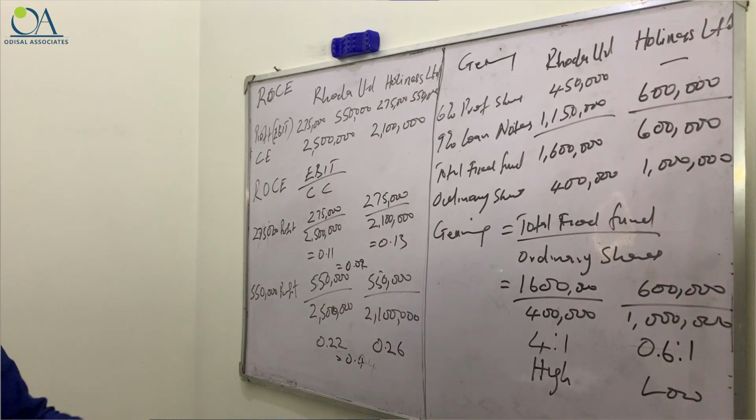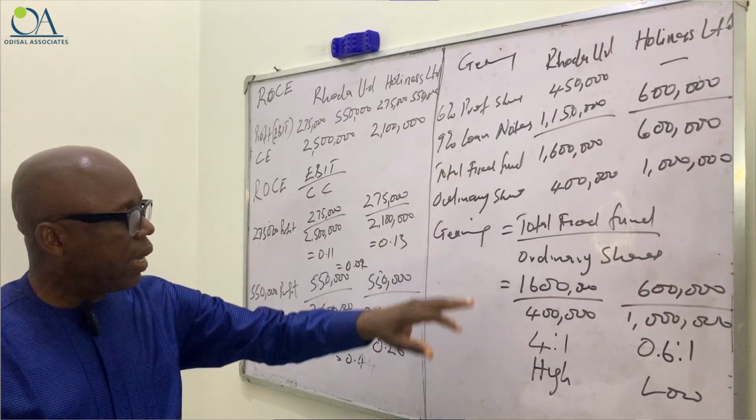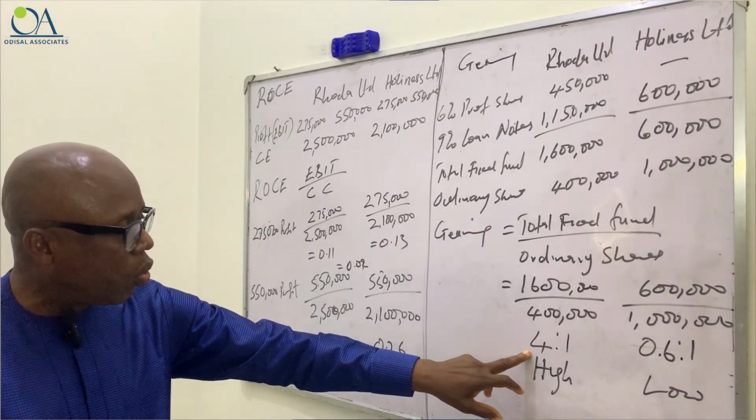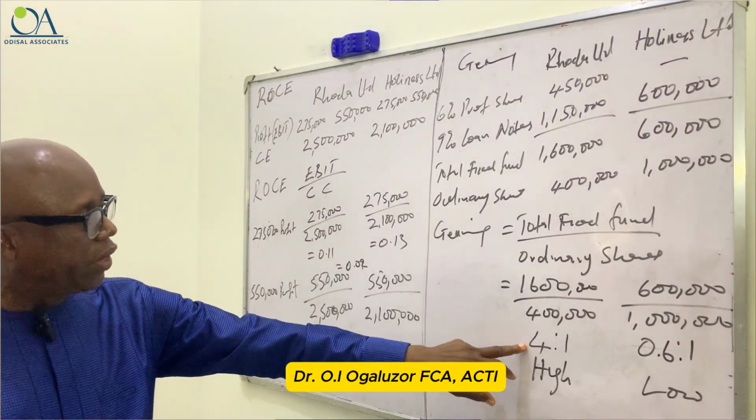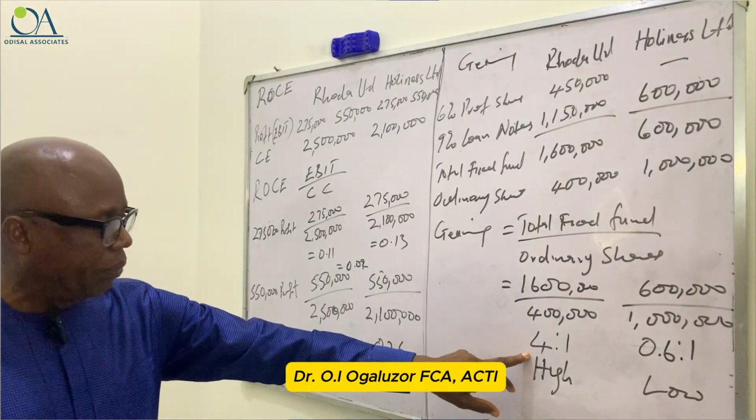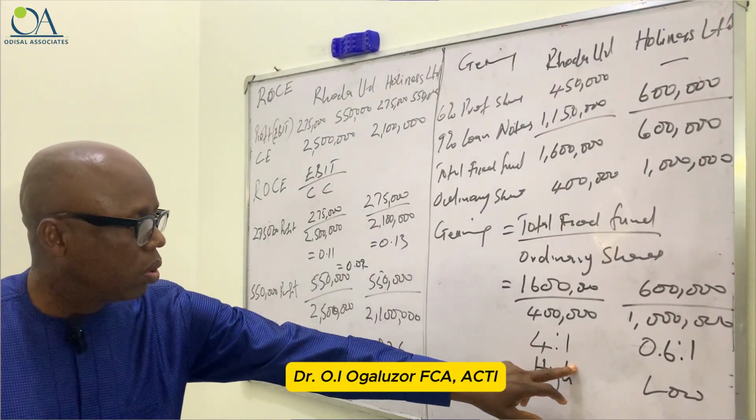So Rhoda Limited has borrowed money such that its loan that has fixed interest is 4 times their own equity.